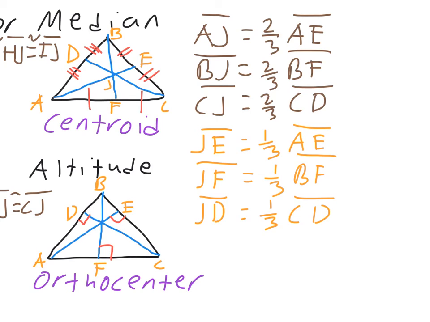So that means AJ is twice JE. So it's double the length. So we can also tell that line segment AJ is 2 times line segment JE.